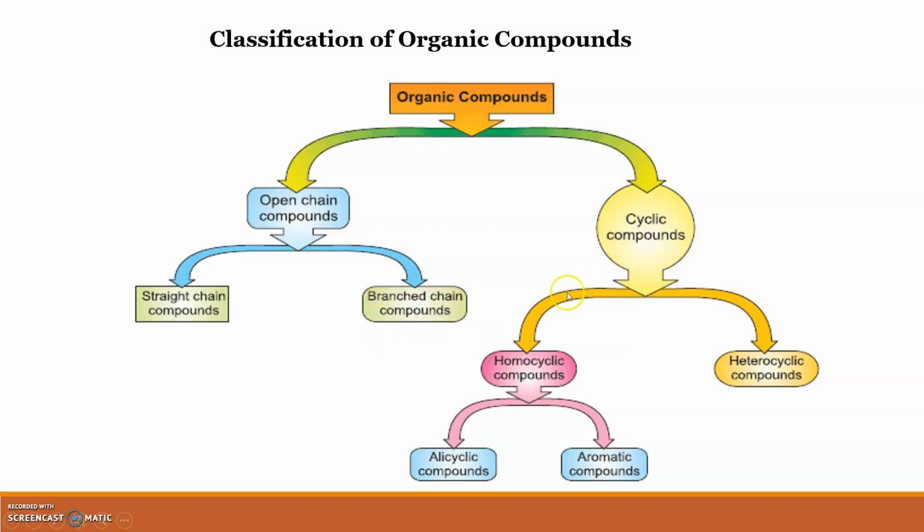Cyclic compounds are again divided into two subgroups, homocyclic compounds and heterocyclic compounds. Homocyclic compounds are also divided into two subgroups, like alicyclic compounds and aromatic compounds. So this is the detailed classification of organic compounds.